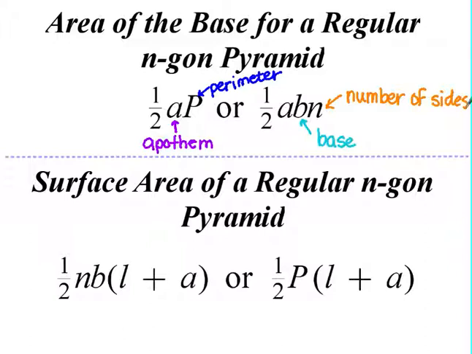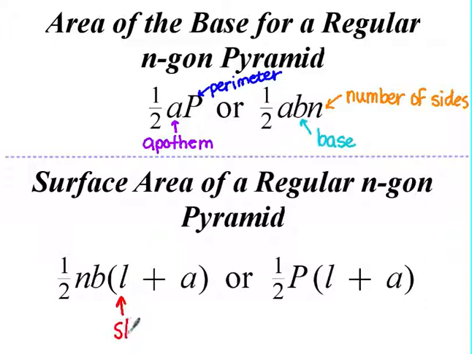So now here's the surface area of a regular n-gon pyramid. Notice it's different. This is the area of the base. This is the surface area. Once again, those should all look familiar. N and B, the number of sides and the base. L is what? What was L?